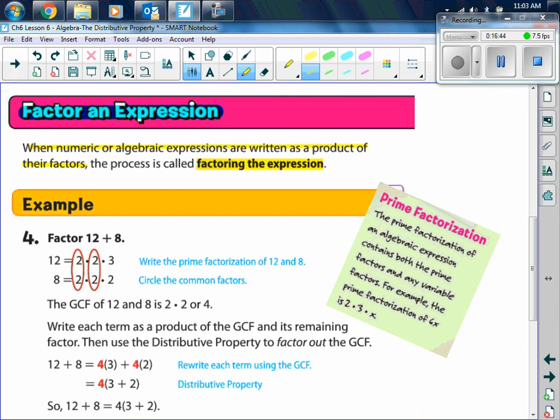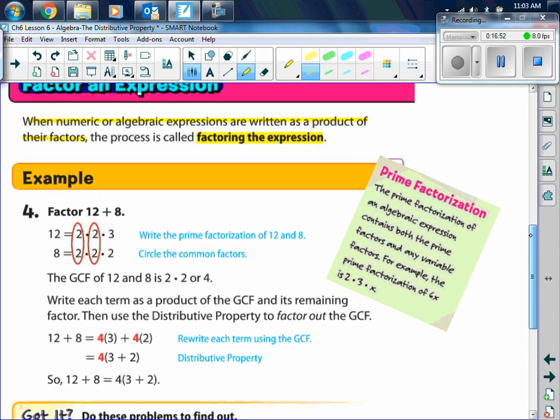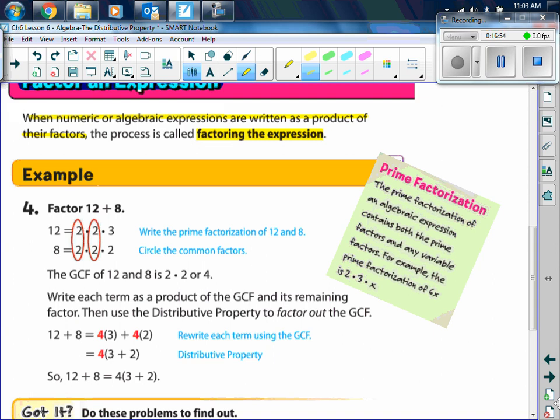So this, I equate to doing a reverse distributive property. So here, for example, we want to factor 12 plus 8. So we're going to ask ourselves, what is the greatest common factor that I can take out of 12 and 8?